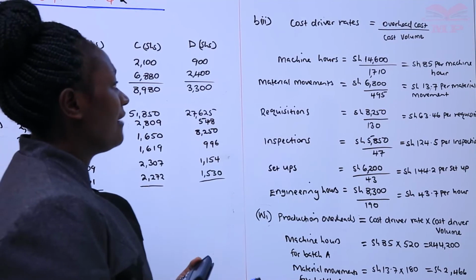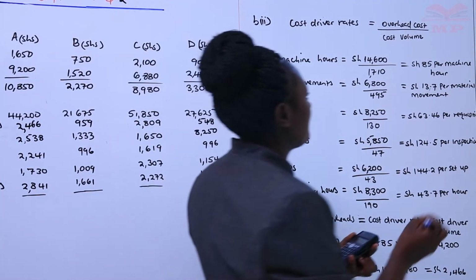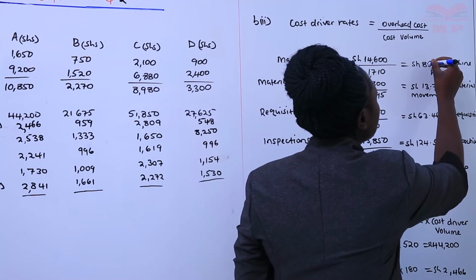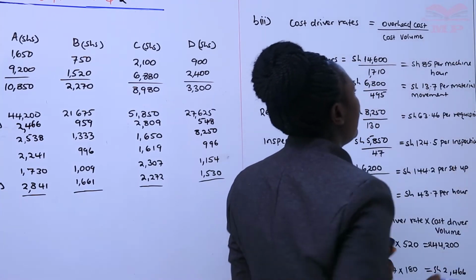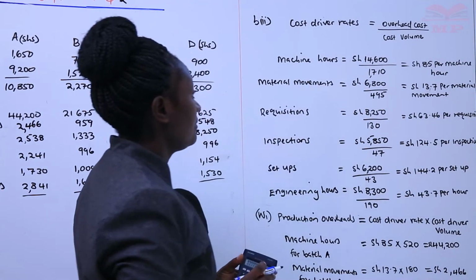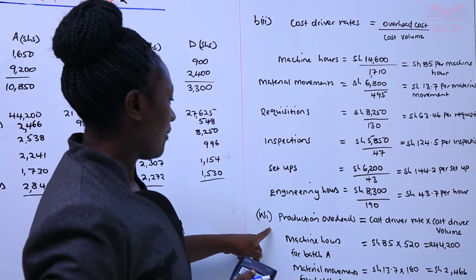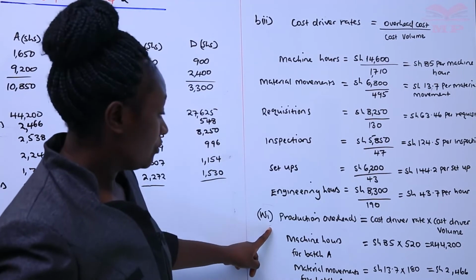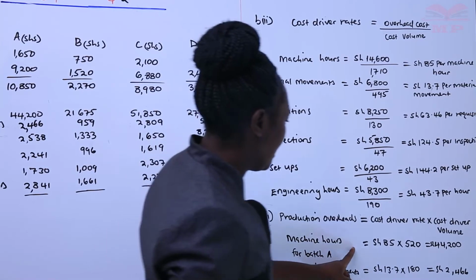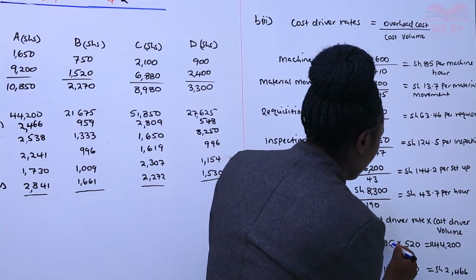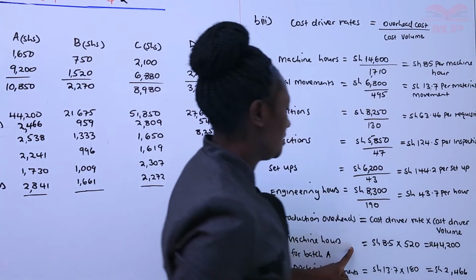So this should have given us 8.5 and not 85. You can just make corrections. Should be 8.5. And that means our working number 1 should also be corrected. Under machine hours, this should be 8.5 and not 85.